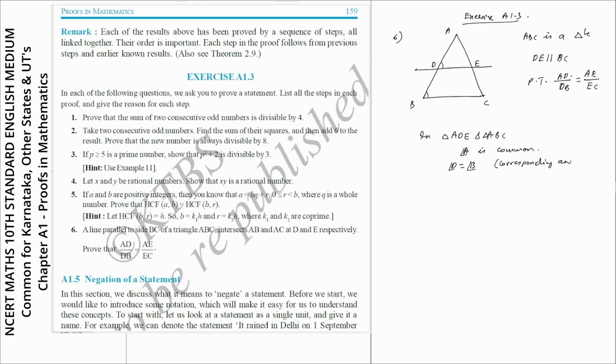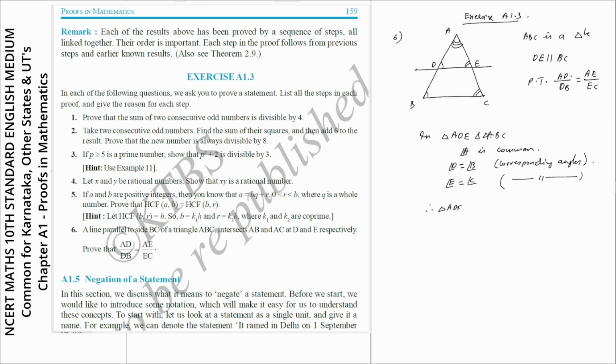And also we can notice that angle E is equal to angle C. This is also corresponding angles. And angle A is common.